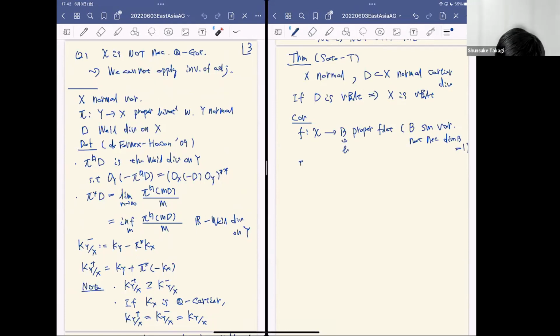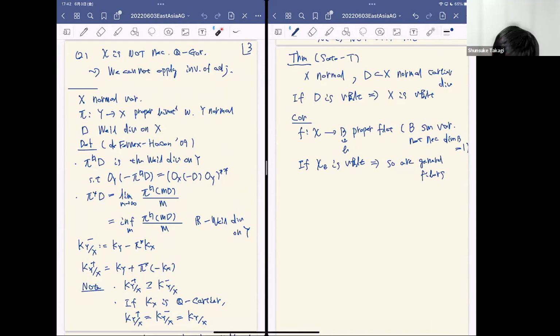And then if the special fiber is variable KLT, so are general fibers. We can prove variable KLT singularities are stable under flat deformation, and the base scheme is not necessarily one-dimensional.